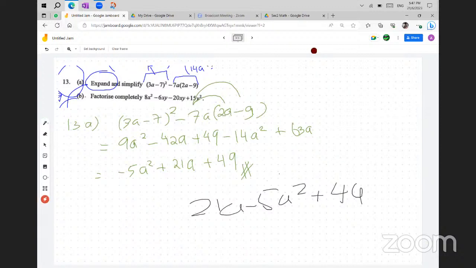Now you did expand, right? You did expand here. I also simplified the thing. But like I said, you can't put a negative 5a² here, right? No, you can. There is no reason why you can't. The minus 5a squared there can be left by itself. Considering what the question asks of you, it's fine.